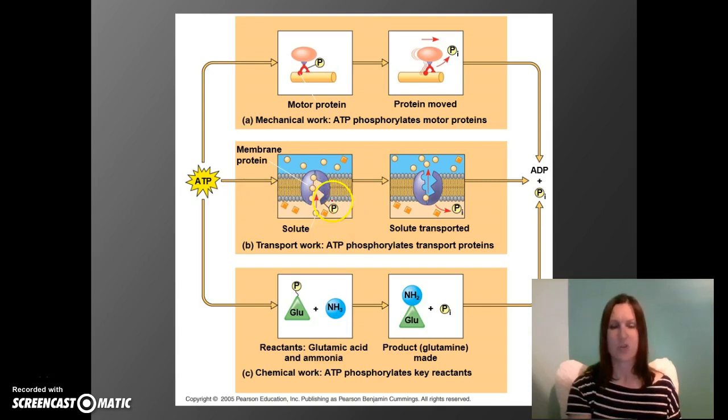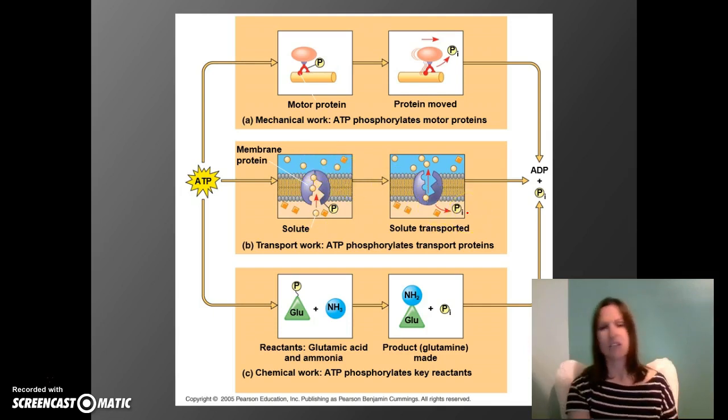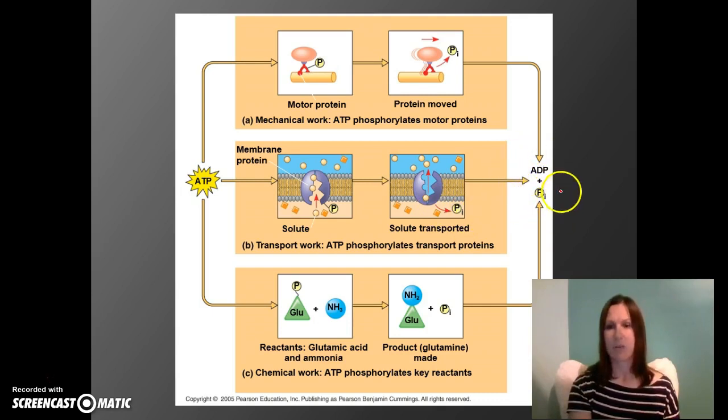Okay, this phosphate gets transferred to the protein, phosphorylates it. When this happens, we release energy, which pushes those molecules from low to high. Okay, and then the inorganic phosphate is released, and we'll talk about what happens once we get there.